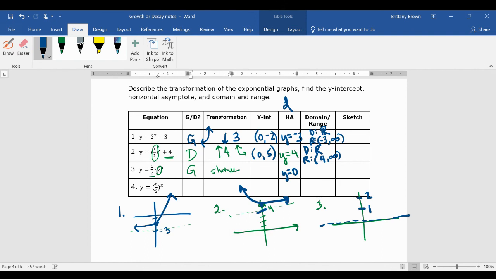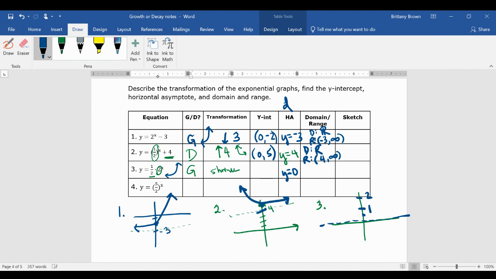All right, normally, if it's a growth, it is going to rise to the right, and this one's going to do that too, but here's the difference. When you get ready to plot your y-intercept, normally a is 1. On all these other ones, a is 1. And that kind of gives you a distance from the asymptote as how high you're going to go. But if a is 1/2, we're only going to go up 1/2.